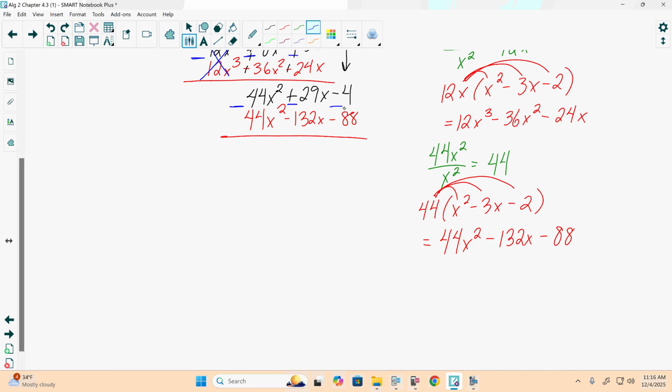And as we can tell already, this is not going to give us 0. 44x squared minus 44x squared, that is 0. 29x minus negative 132x, well, the negative and negative would make a plus. So we have 29x plus 132x, 161x. Negative 4 minus negative 88, negative negative makes a plus, giving us positive 84 as our remainder. 161x plus 84.